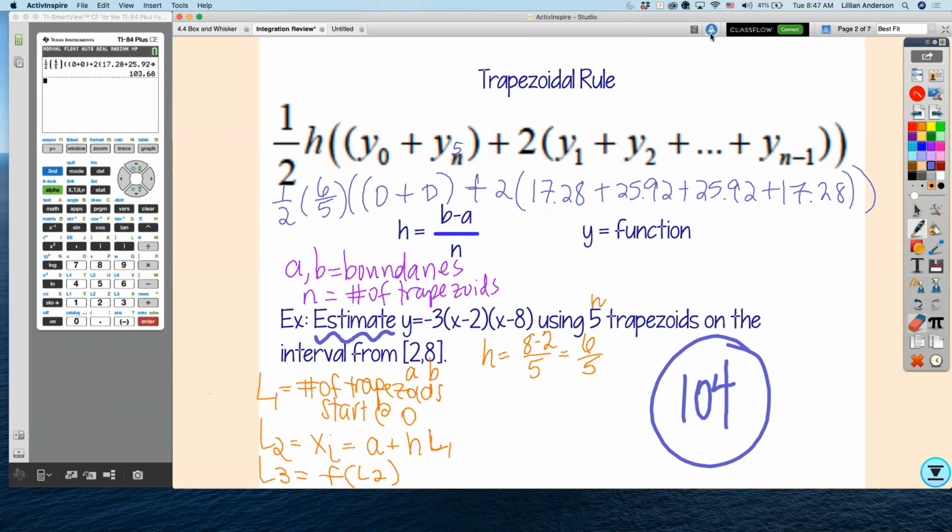You'll always default to trapezoidal rule because that is what you guys need to know for this class. And even if it doesn't tell you the number of trapezoids to use, like this particular problem does, there will be something else given to you. There may be a table that's divided into sections, and then that will be the number of trapezoids that you would use. So good question.